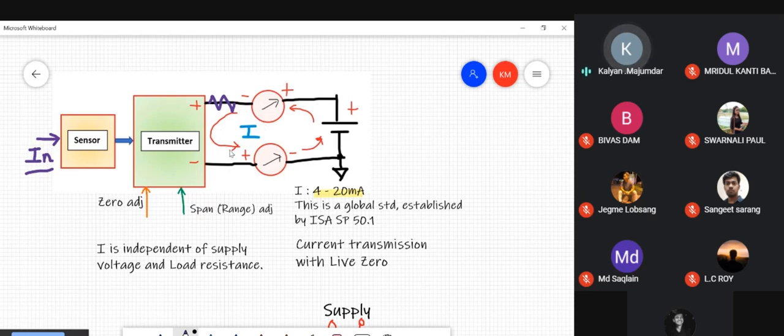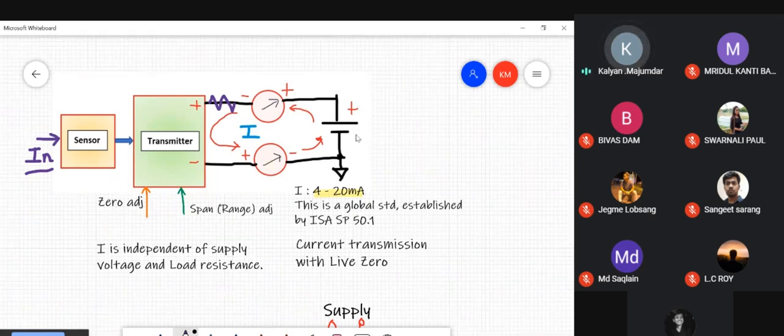That means the current flowing in this particular loop should be independent of the loop resistance. So that is one of the desired features, one of the necessary features of a transmitter. The output current produced by a transmitter should be independent of the loop resistance. Second, for the same reason, it should also be independent of power supply changes, power supply fluctuations, power supply variations.